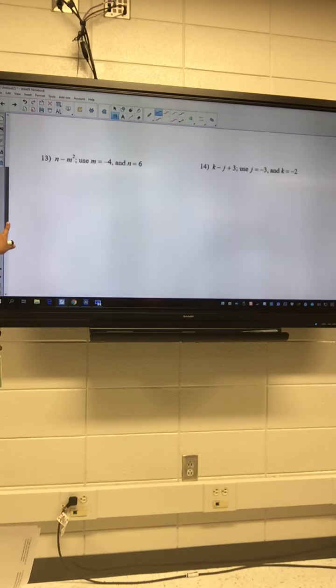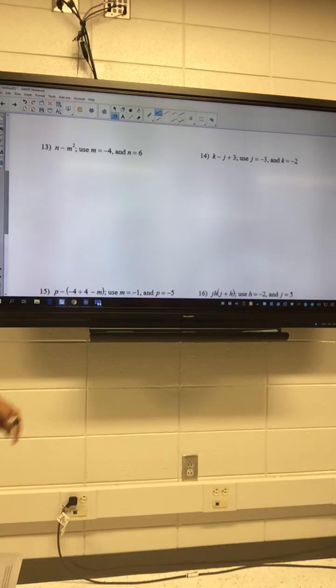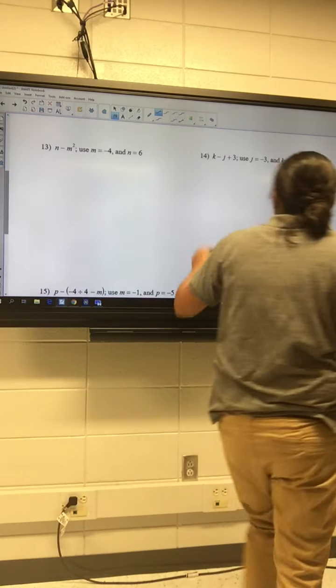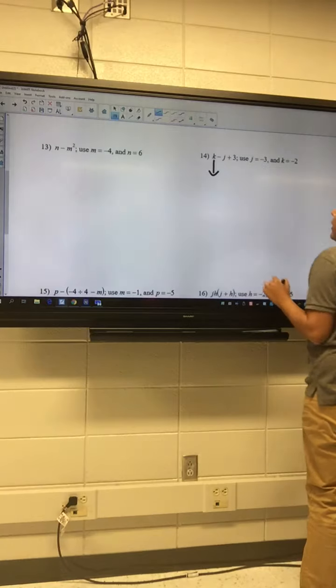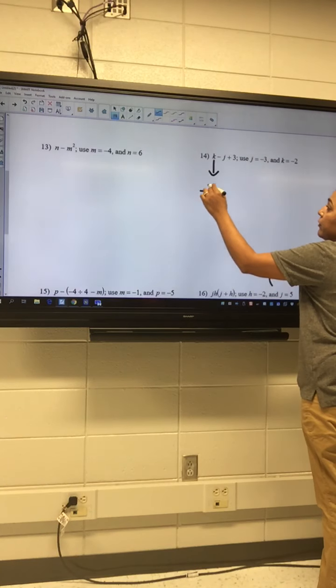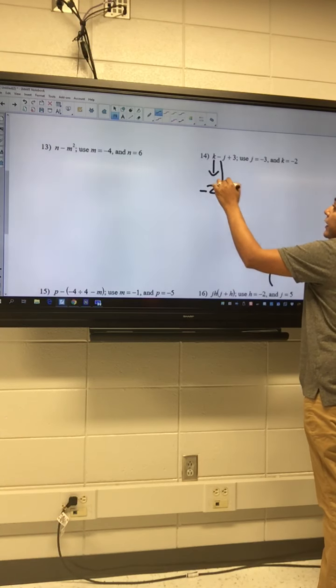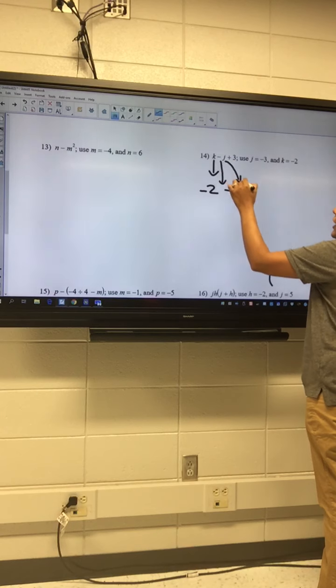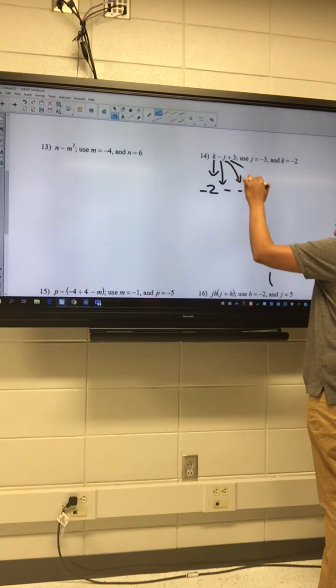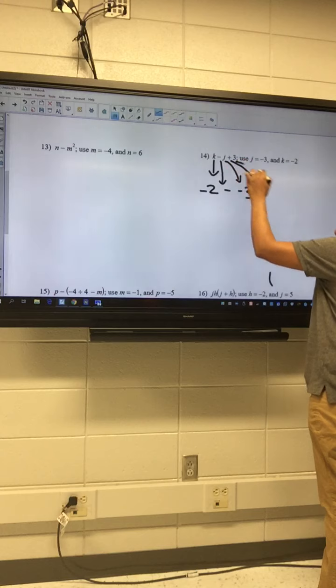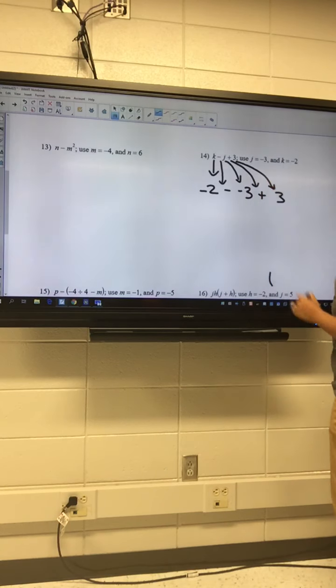14 says k minus j plus 3. So instead of k, our k value is negative 2. We carry down the sign, minus our j is negative 3. We got a plus sign, and then we got a 3. What's a minus minus?